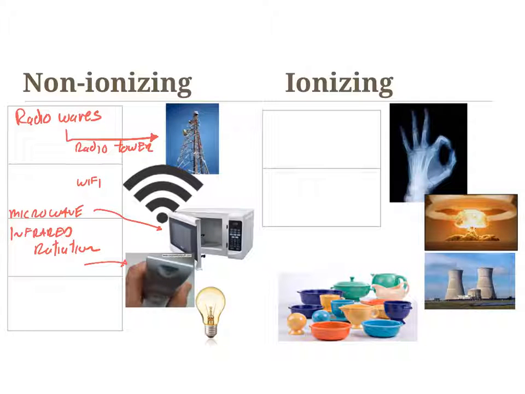An example of that would be the way that the remote control works when it turns the TV on. If you push the on-off button, a beam of energy that happens to be infrared is projected to the TV, and when the TV picks it up, it translates that energy into turning the TV on or off. And then lastly, we have visible light radiation.